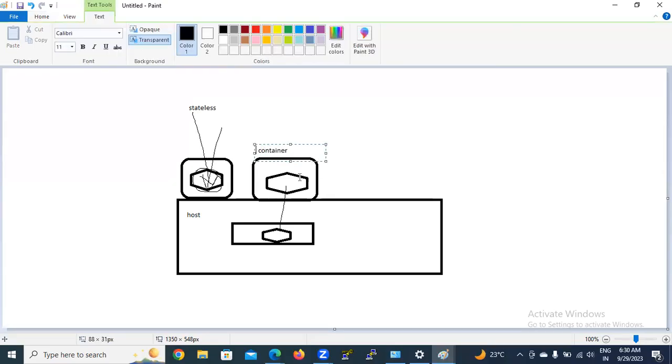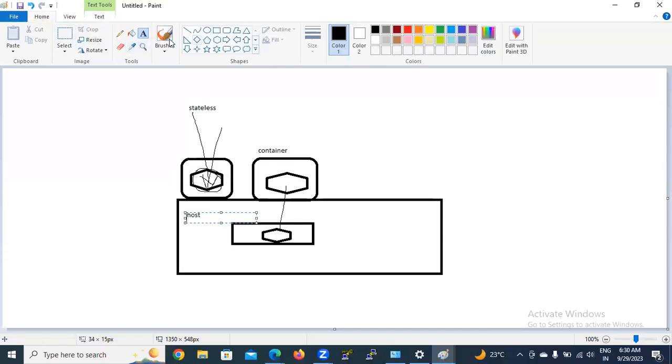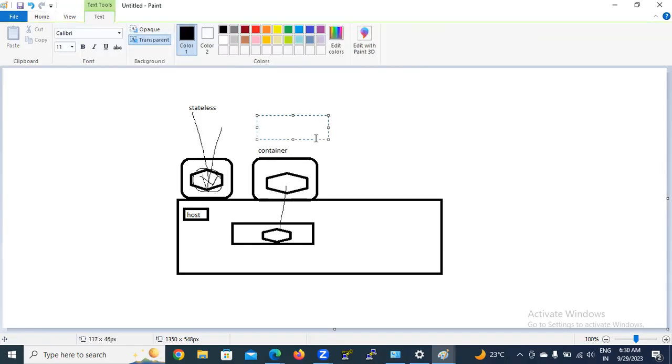We will take a volume from the host itself, where our Docker is installed, okay? So this is the concept of how and why we make our container stateful.